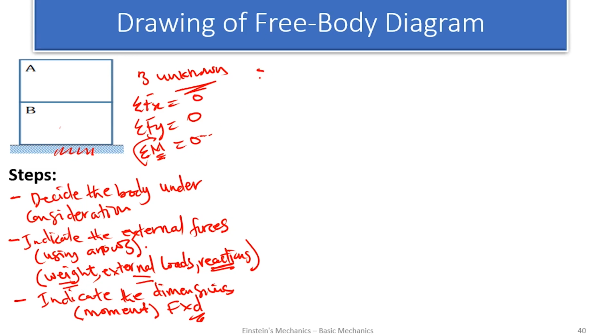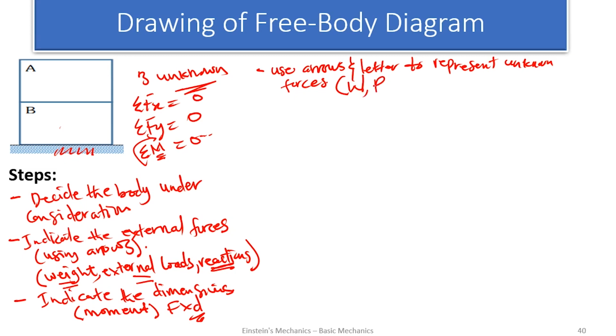We use a letter and arrow to represent the magnitude and direction of each unknown force. We use arrows and letters to represent unknown forces. So something like unknown force, the weight, you can represent it as W. A reaction at A, you can say RA.